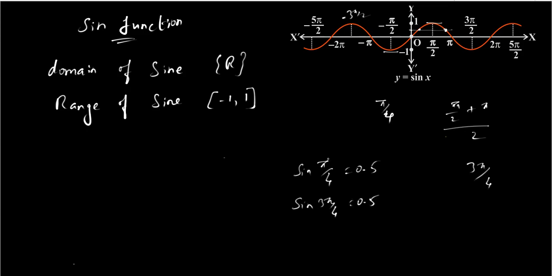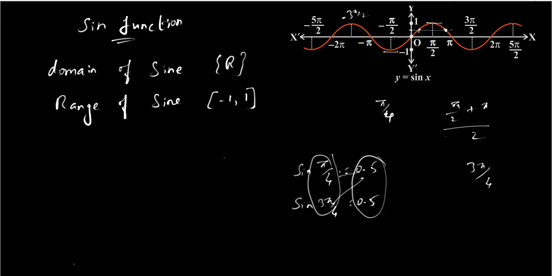This will be the domain and this the range. So this is also 0.5, this also 0.5. So the sine function is not 1 to 1.